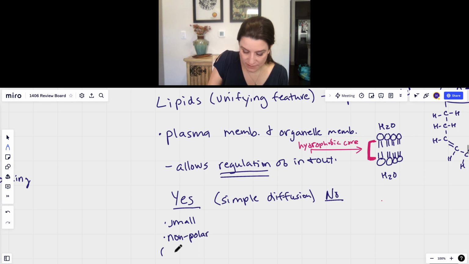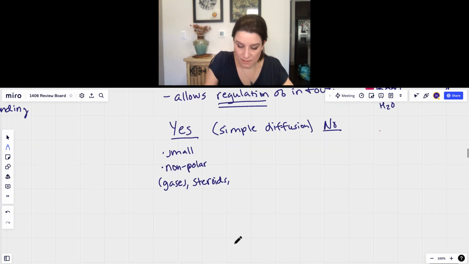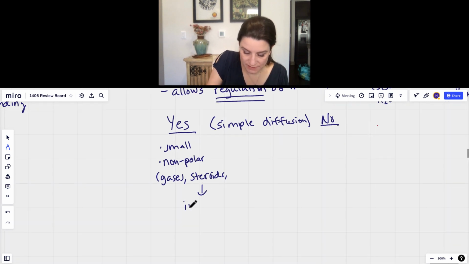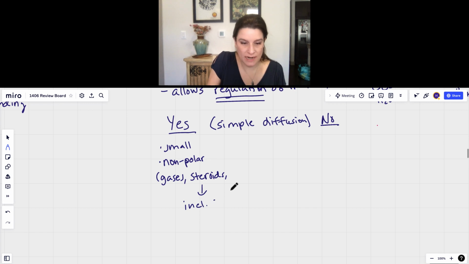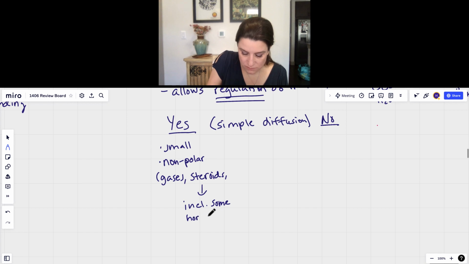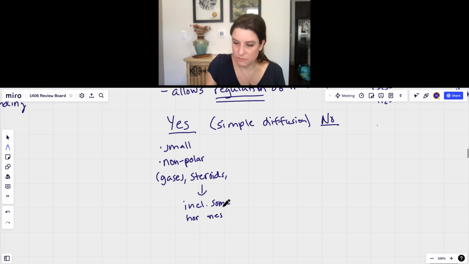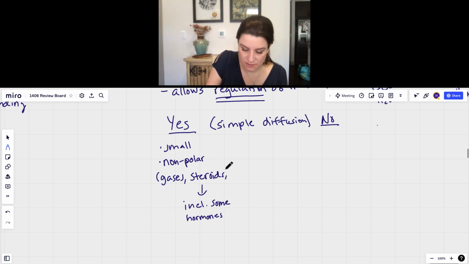So these are basically going to be gases, small lipids like steroids, which include some hormones like testosterone, estrogen, estradiol, androgens, cortisol. I think cortisol. Don't quote me on that. But some hormones are able to get straight across.